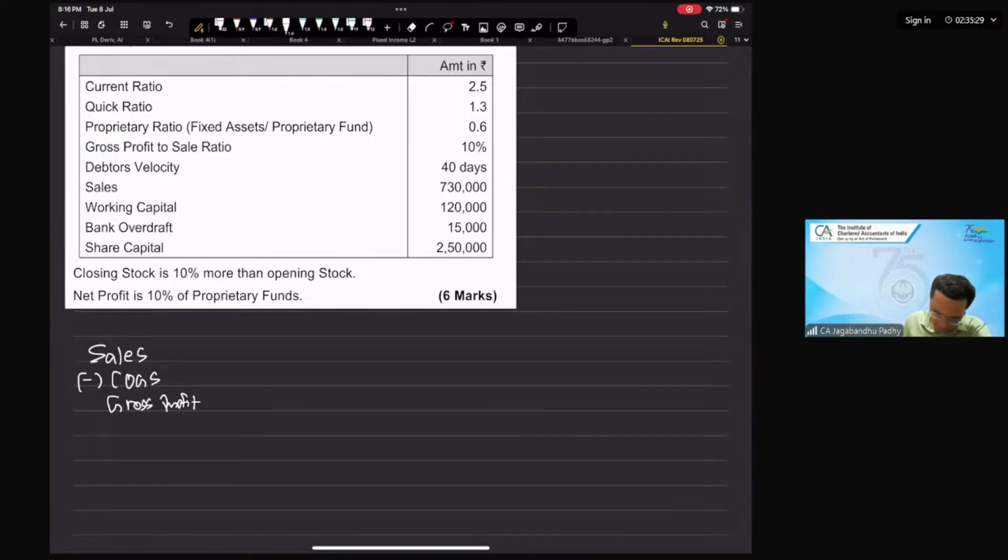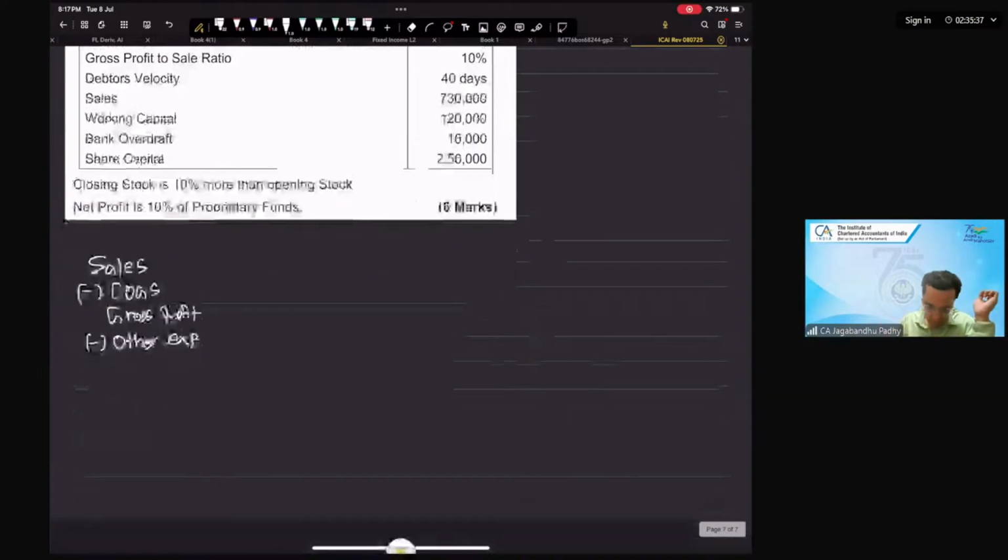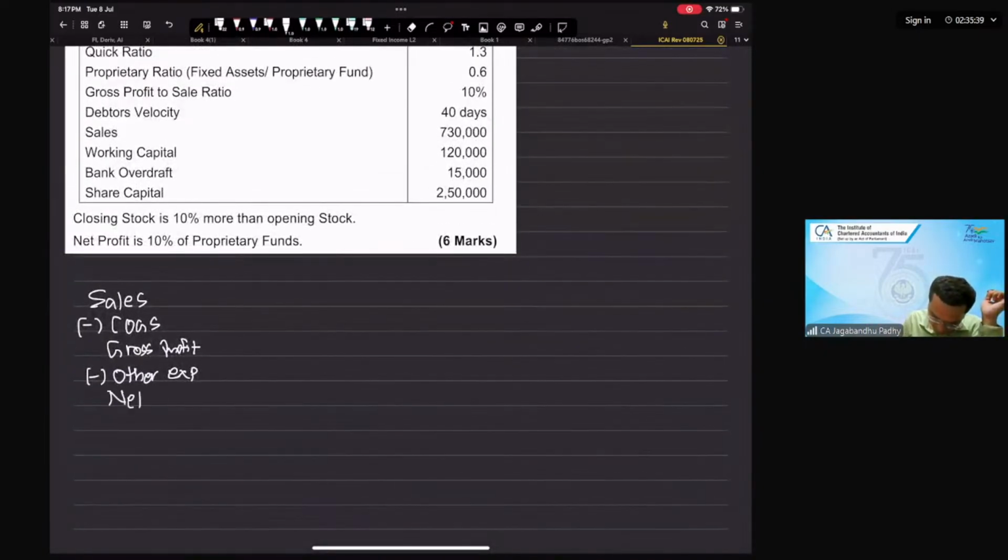From that gross profit, we subtract other expenses, and then we have the net profit number. Sales less COGS is your gross profit, less other expenses is going to be the net profit.